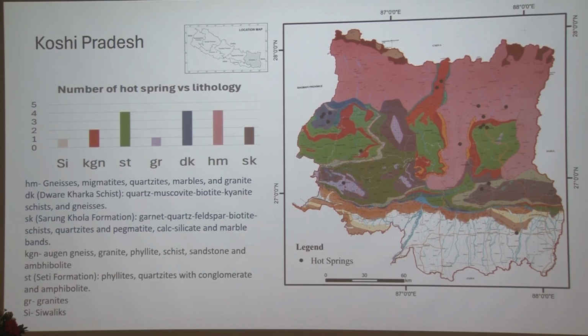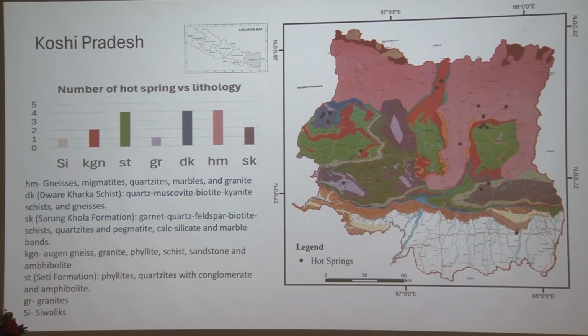Some hot springs are located in the window, where the autochthonous rocks are composed of phyllite, quartzite, meta-sandstone, again gneisses and amphibolites. These are reported from the window area.